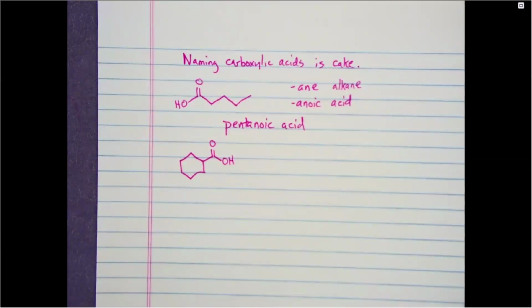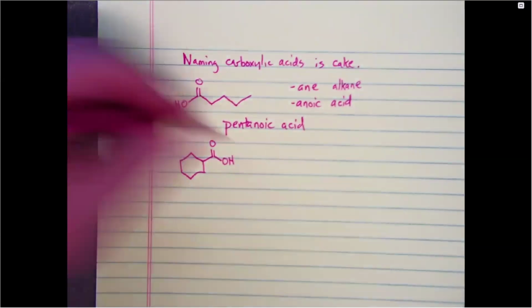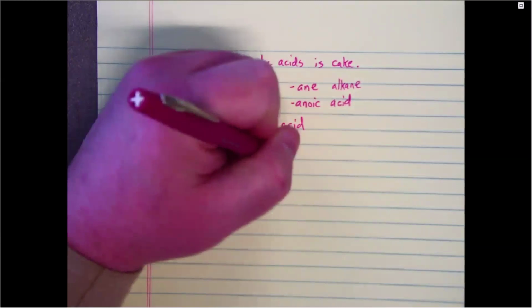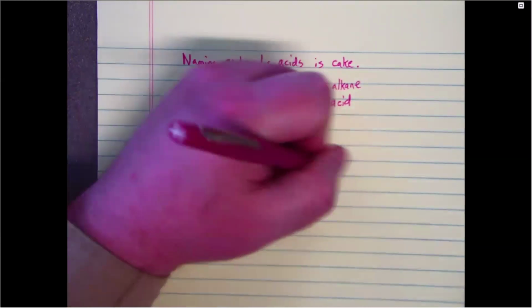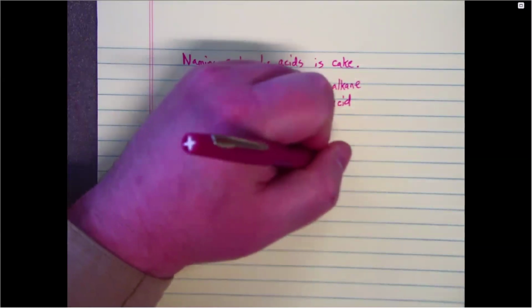A substituent group. What kind of substituent group do we have? Cyclohexane, which as a substituent group would be called cyclohexyl. All right. So I wouldn't take off any points if you said 1 cyclohexyl methanoic acid.